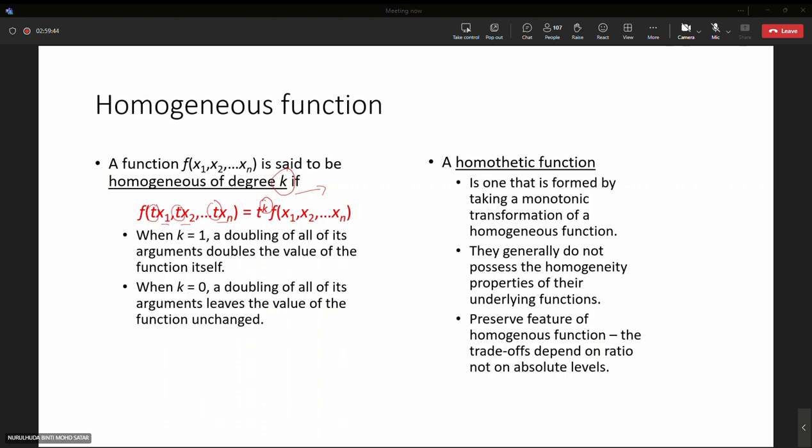If it's 0, then doubling all the arguments will leave the function unchanged, because this is basically t to the power of 0.